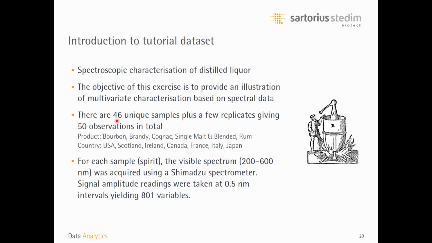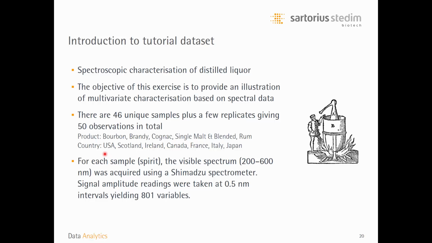There are 46 unique samples corresponding to different beverages. Four of these beverages have been sampled twice, so we have a couple of replicates, giving a total of 50 observations, 50 rows in the data table. And these products relate to bourbon and brandy, cognac, single malt and blended malt, and also some rum.